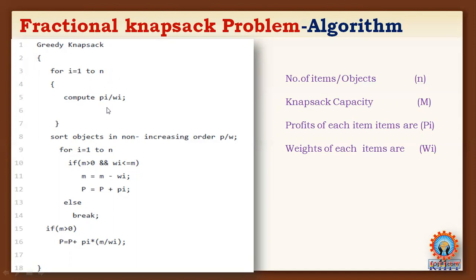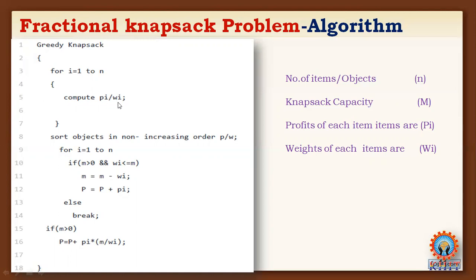Now, you need to compute the profit by weight of each item to arrange the items in the bag. Once the computation of profit by weight of each item is done, we will get the results P1 by W1, P2 by W2, and so on up to Pn by Wn.